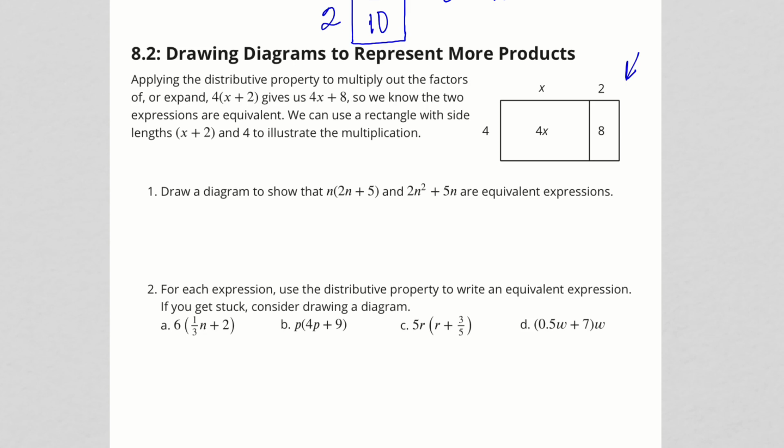Then we're going to have 2n, so that tells me I have 2 rectangles side by side like this as one of my multipliers, plus 5. Across the top, you should have 2 rectangles and 5 squares. We're on number 1 right now.